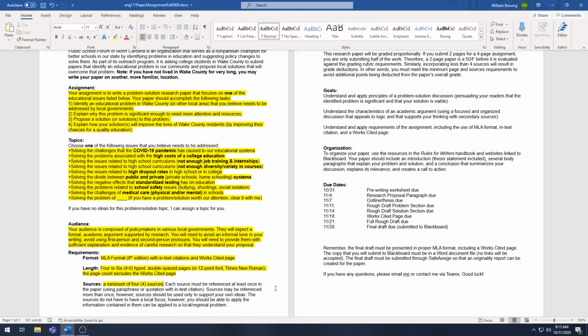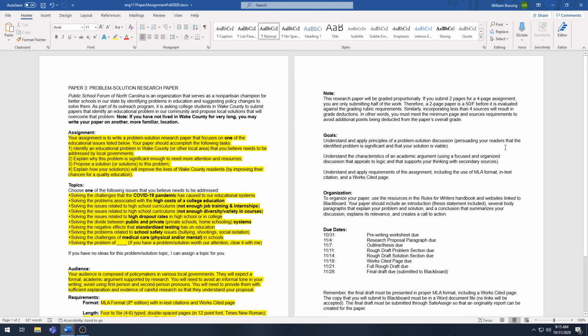It's great if you do, and some of you might, if you're writing about Wake County Public Schools or Wake Tech Community College, you can certainly go to the websites and find information, and that would be local sources. So it's great if you can find them, but don't feel limited or trapped by the idea of finding local sources. You can certainly find nationwide sources, and then part of your job can be applying that information to a more local argument.